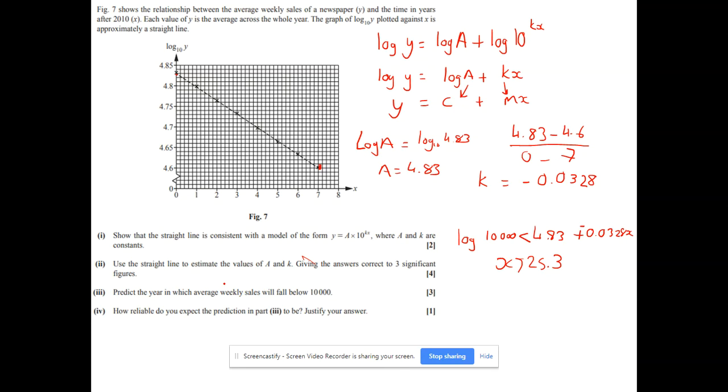It's just important here that it does say predict the year. So we're going to have to add our 25.3 onto our 2010, which brings us up to 2035, which means it must be 2036. How reliable? Well, we're extrapolating the data, so we're going into the future, so it's not very reliable.